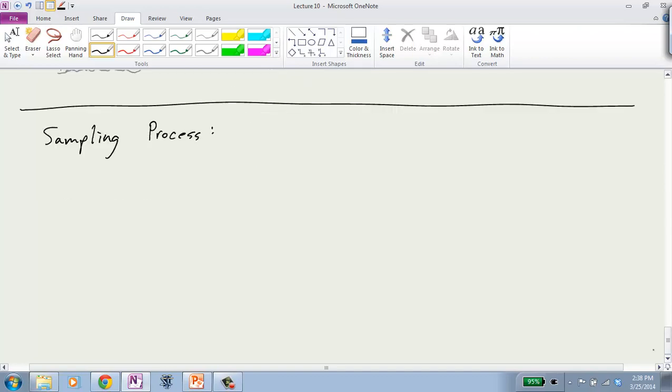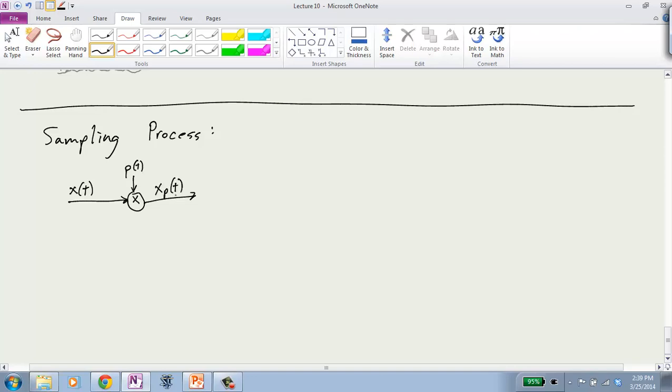Okay, so sampling, we're going to think of sampling in the following way. X of t comes in, and we're going to think of it as a multiplication with a sequence of pulses that occur at the points where we're trying to sample.